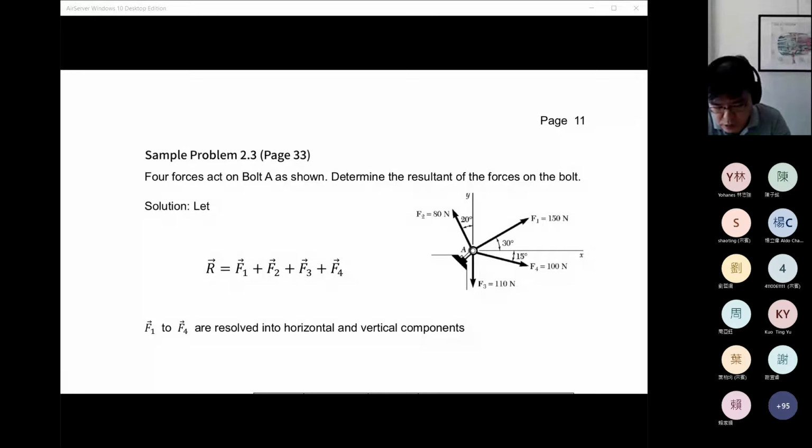Because the figure only shows the four forces but not the resultant, we need to give the resultant a name. Therefore, we let the resultant be R. We give the answer we want to find a name.